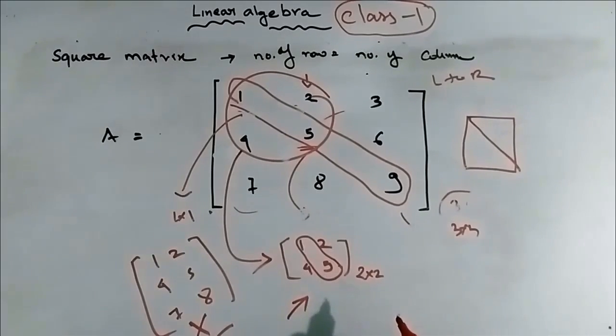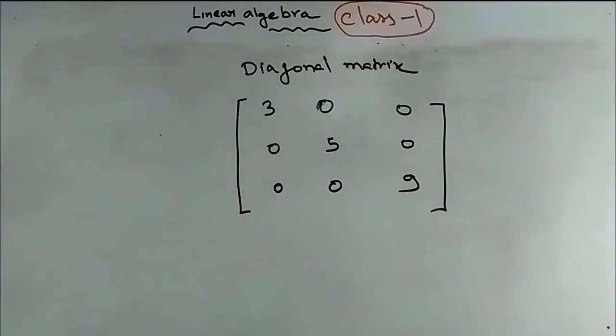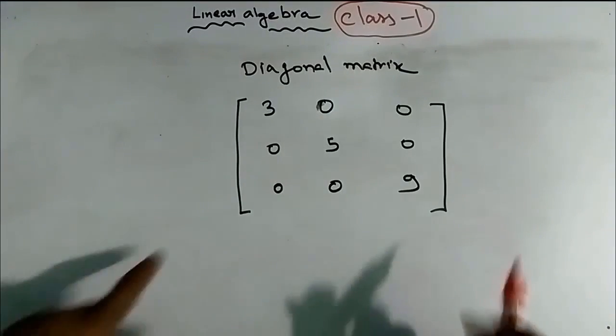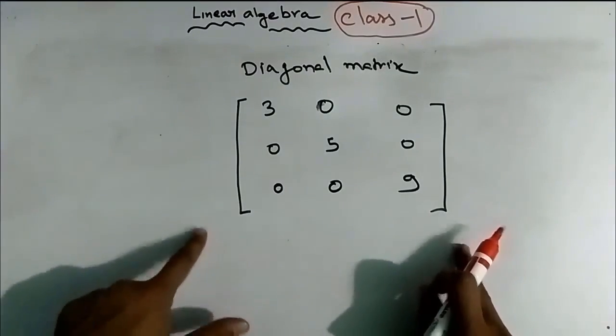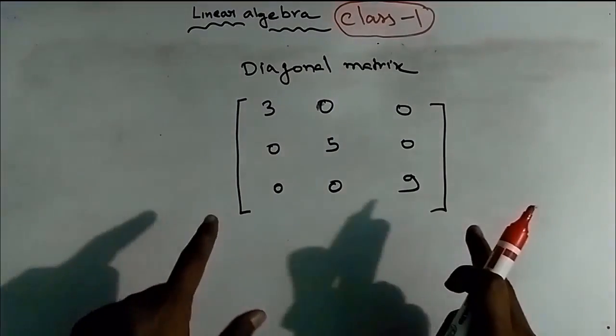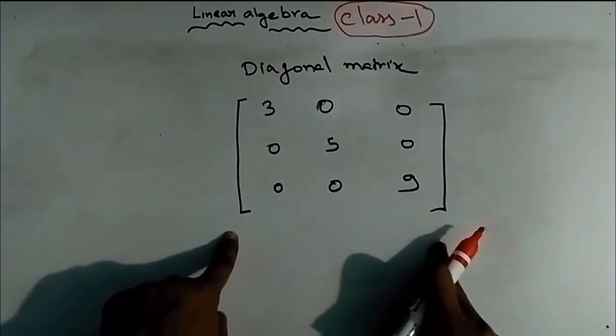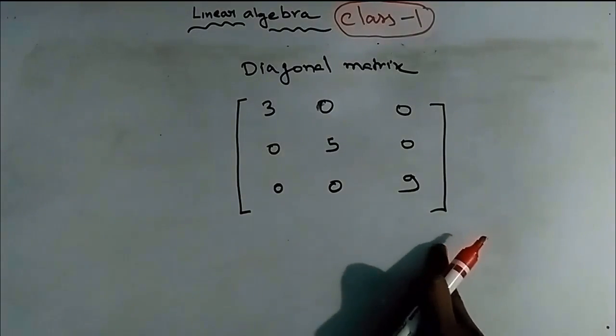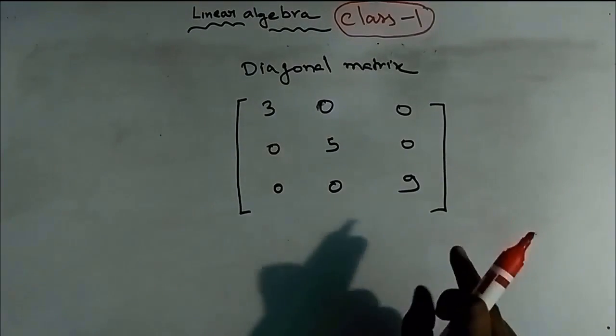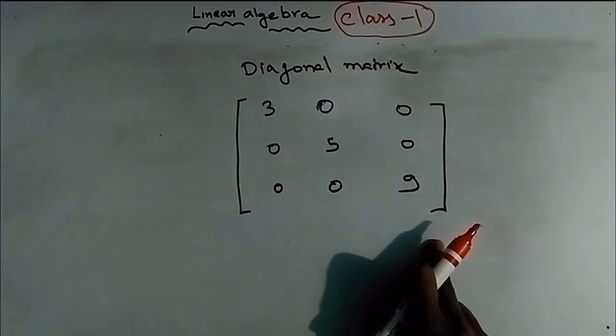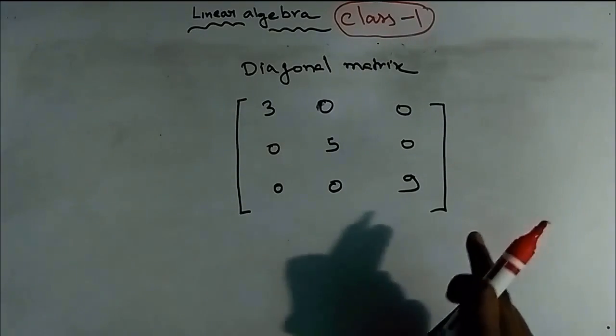Let us learn about diagonal matrix. So guys, what is a diagonal matrix? A diagonal matrix is a square matrix in which only the diagonal elements exist. The definition: a square matrix in which all off-diagonal elements are zero.